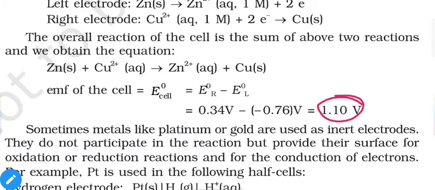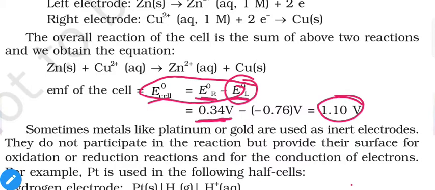Now as we know, cell potential is equal to the reduction potential of the right hand side minus the left hand side, that means cathode minus anode. As a cathode we have copper, and the value of copper is 0.34. By placing the value in this equation you can find the value of the unknown half cell. As we know, our reaction is E cell equal to right hand side or cathode minus left hand side or anode.